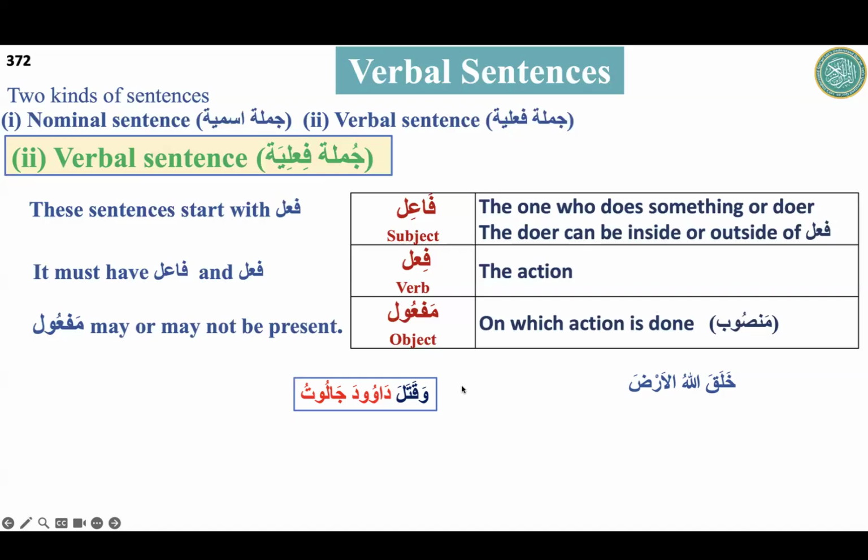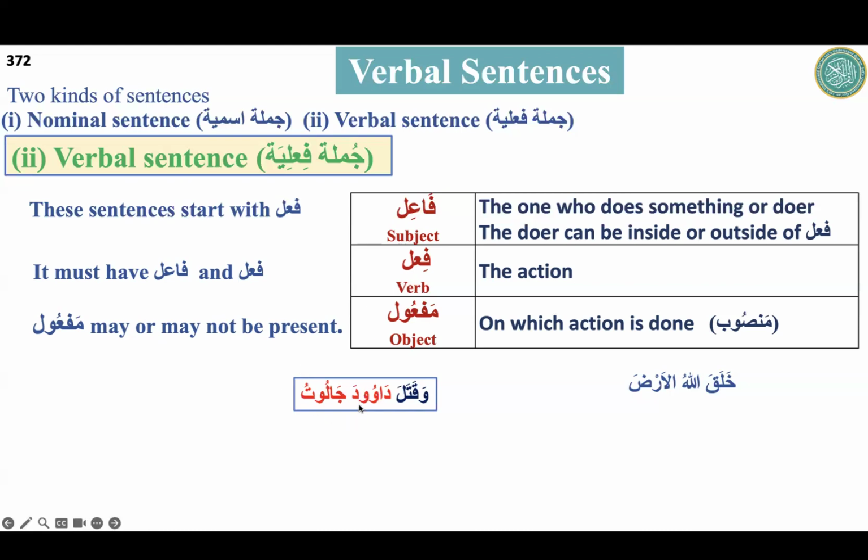Wa qatala is fa'il? That is a verb. What is fa'il and what is maf'ul here? Fa'il is Jalut. Okay.